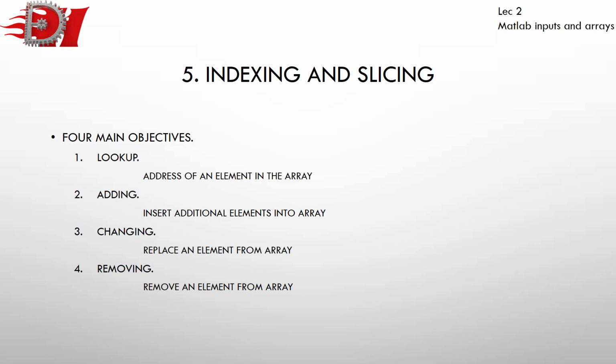So there are these 4 critical operations that we can do to arrays or strings, and these are to look up a certain number within an array, to add a number to the array, or change or replace an element from the array, and then finally to remove something from the array.